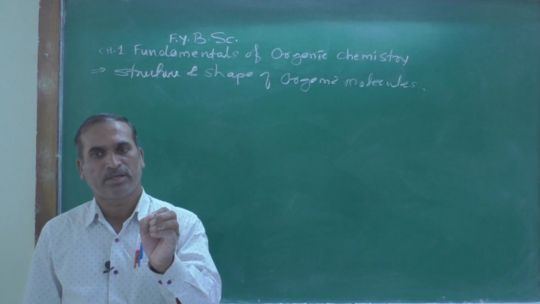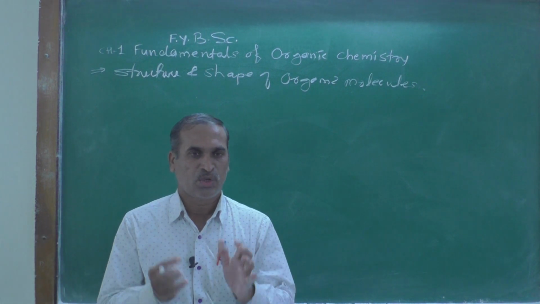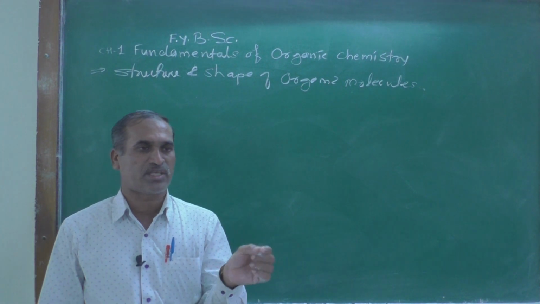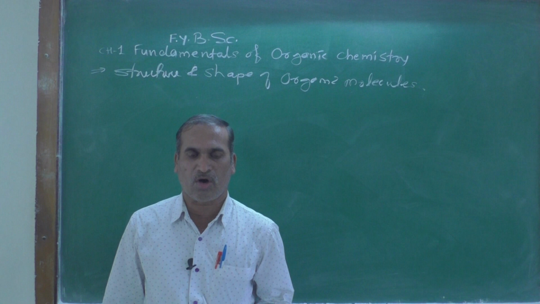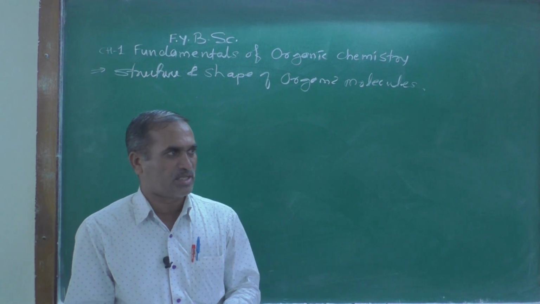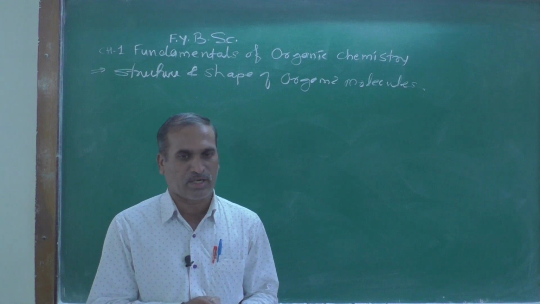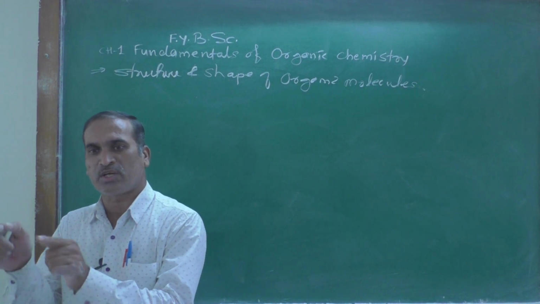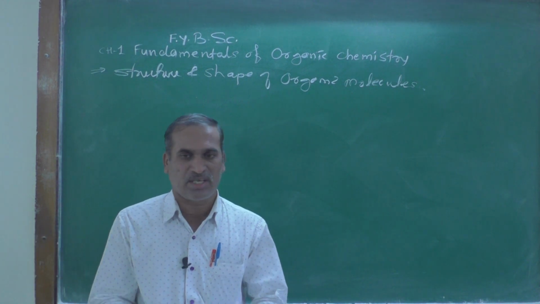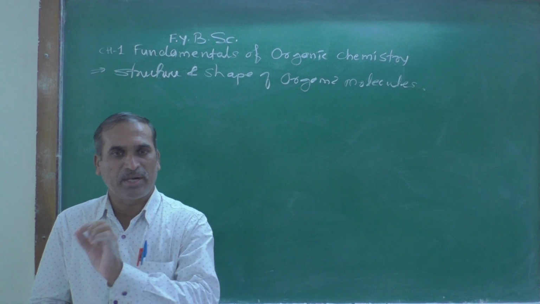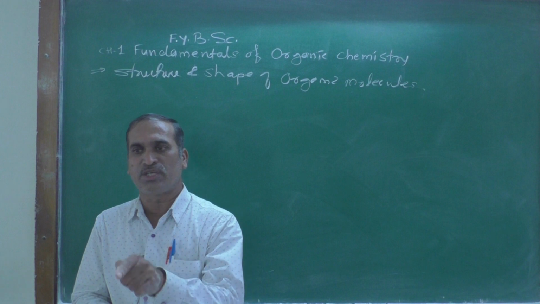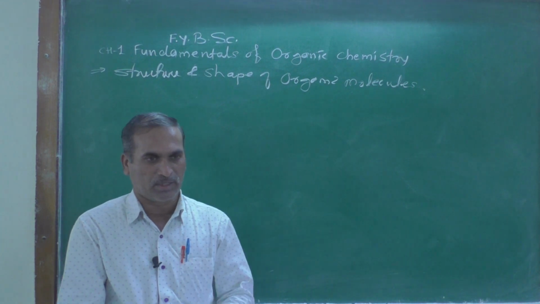Let me tell you the definition first. What is the definition of hybridization? The process of mixing and recasting of atomic orbitals which are different in energy in an isolated atom to form a new set of orbitals of equal energy is known as hybridization, and the new orbitals obtained are known as hybrid orbitals.